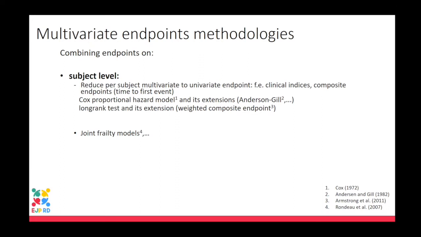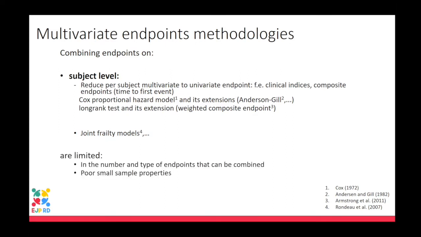Another one is, for example, to use semi-parametric or parametric models, where we try to model each of those outcomes in a joint model, a joint frailty model, for example. There are multiple models, but usually these models are restricted in the number of endpoints that you can combine. Also, the type of data that you can combine is restricted.